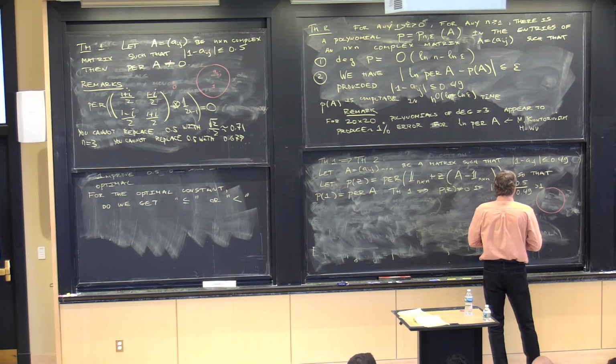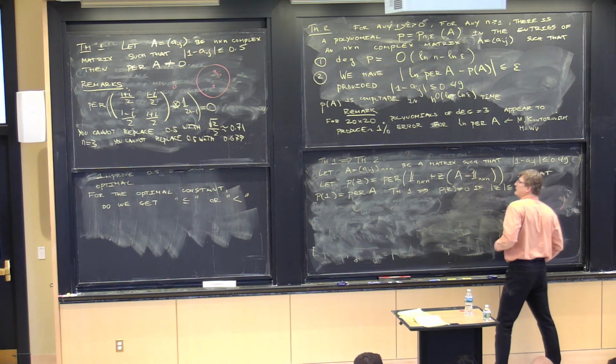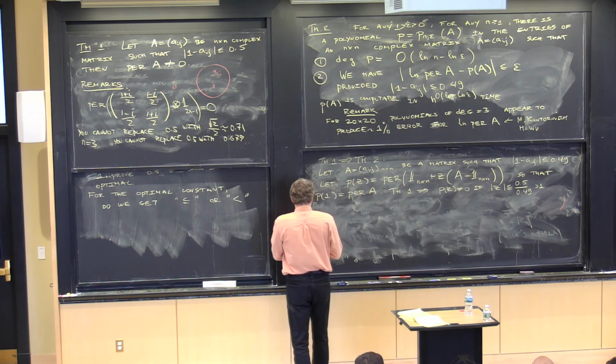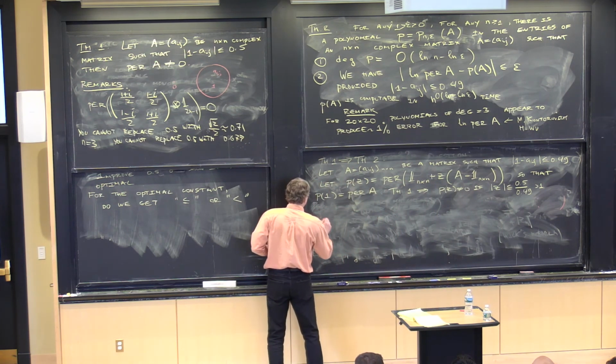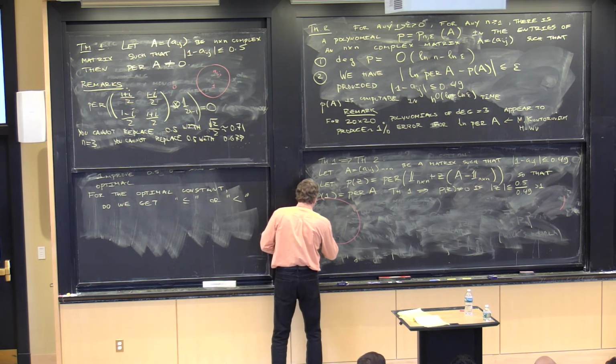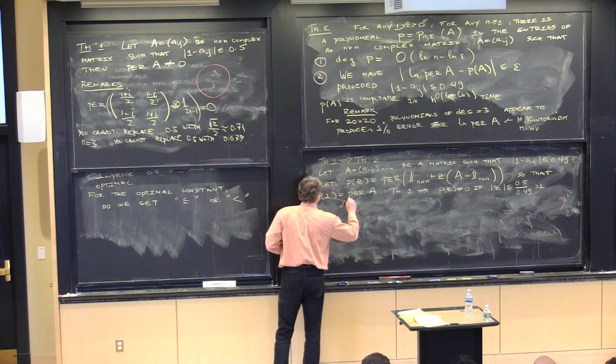Here we have 0, we have 1, and we've got a neighborhood, which we call neighborhood U.